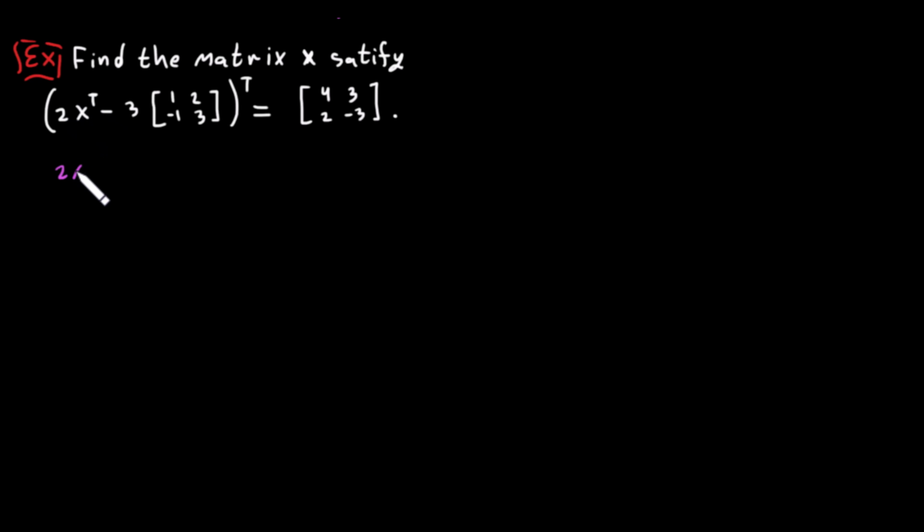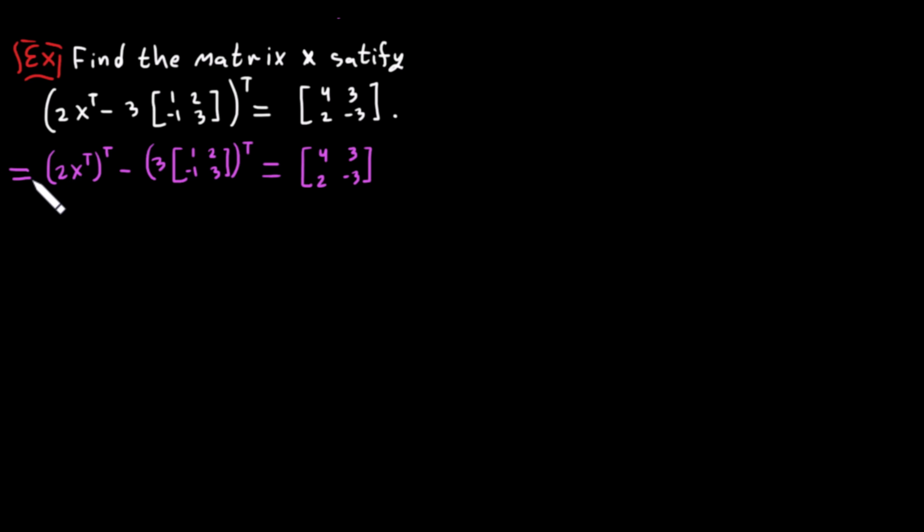So 2X transpose, and the whole thing transpose, minus the whole thing here transpose, 3, 1, 2, negative 1, 3, and the whole thing transpose equal. I have to write this matrix 4, 3, 2, negative 3.